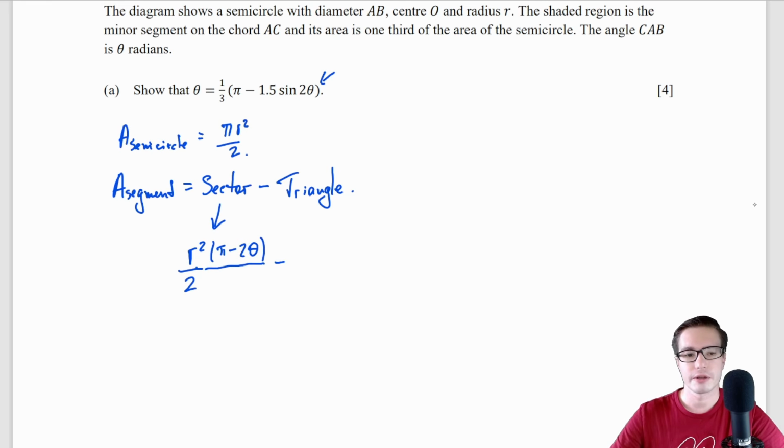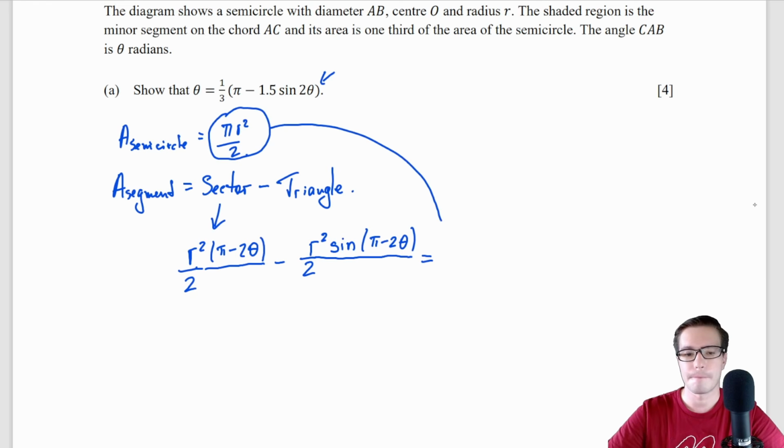minus the area of a triangle. And for that I will use the formula half AB times sine C. So it's a half. Radius times radius will be radius squared times sine of the angle. And this should be equal to a third of the area of a semicircle. So that guy divided by 3.